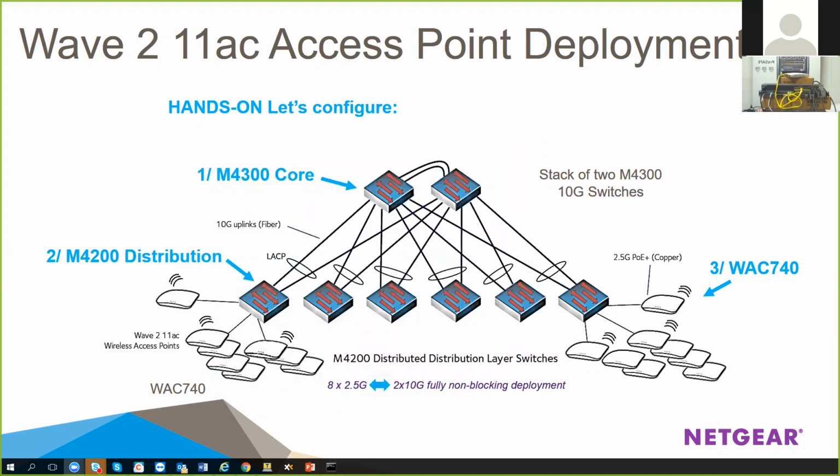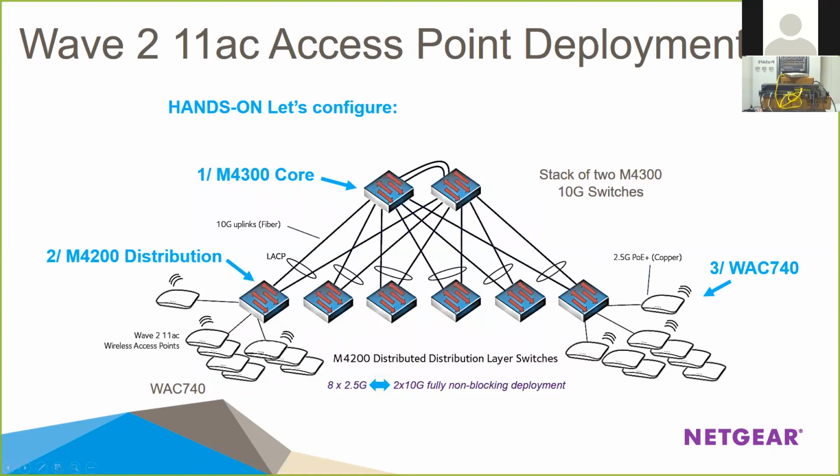So that's pretty much it today. I hope you enjoyed this M4200/WAC740 configuration. As a summary, we set up a core of 10 gig M4300 switches, formed a LAG, went through a LAG configuration on the M4200 switches and connected the WAC740 4x4 Wave 2 AP in a very redundant configuration and line rate manner, because we have 2.5 gig multi-gig NBASE-T PoE plus capability over here.